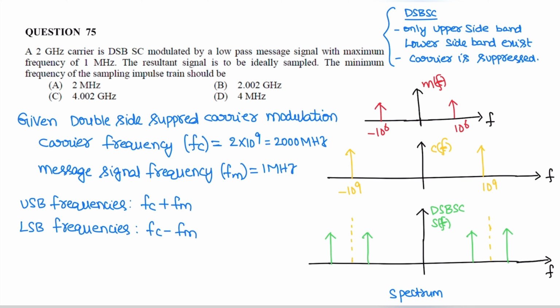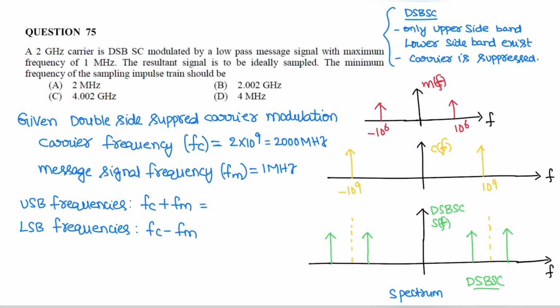The DSB-SC signal spectrum consists of two sidebands, upper sideband and lower sideband, at FC plus FM and FC minus FM, that is 2000 megahertz plus 1 megahertz and 2000 megahertz minus 1 megahertz. In the question they have asked for the minimum sampling frequency, which is 2 times the highest frequency component.